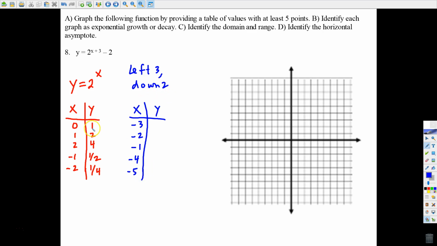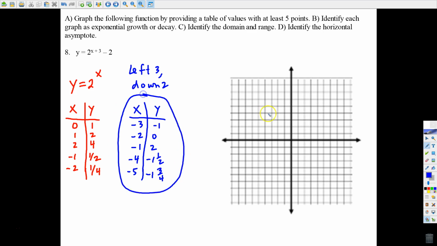And to accomplish down 2, we subtract 2 from each of these y coordinates: 1 minus 2, 2 minus 2, 4 minus 2, 1/2 minus 2, and 1/4 minus 2. This becomes the table that we will plot and connect the dots, and that will be our graph.